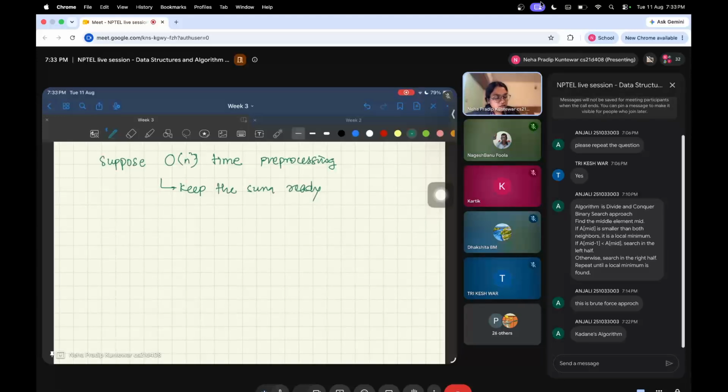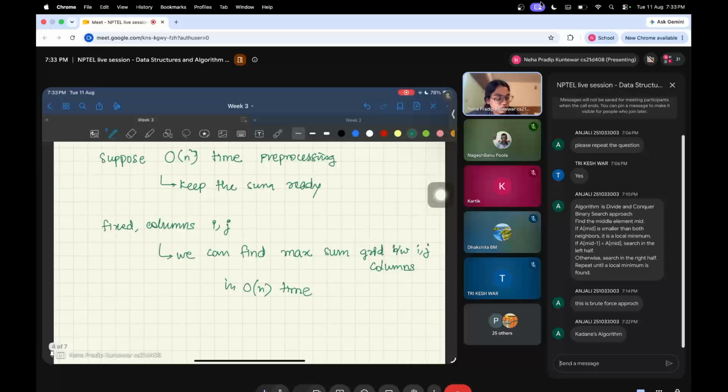Okay, and now what we will do is, for fixed columns i, j, you can find the maximum sum grid between i and j columns in order n time. So now what is the natural thing to do? Now you will go across all possible i, j. So there are n choices for i, there are n choices for j.